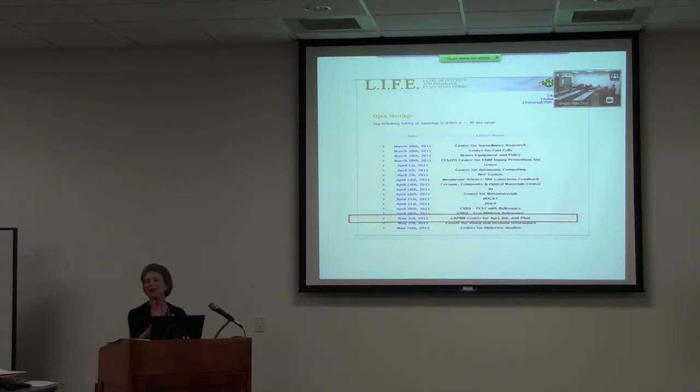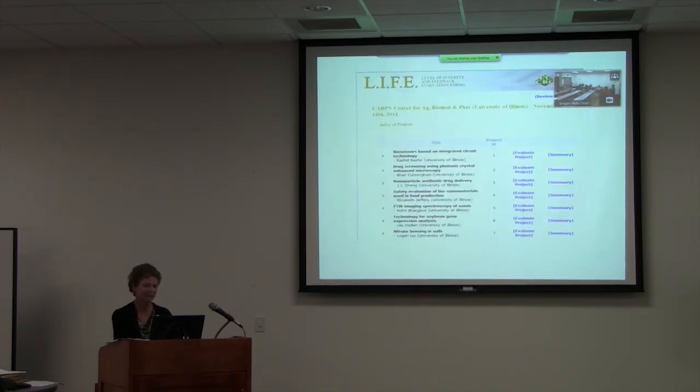You will see a screen that looks very much like this, but when you see the CABPN, it will say November 16th. There were something like 30 meetings when I was snapshotting the screen, so I couldn't get to this date, so I went back to an old one. But it will look like this, and you will see CABPN. And you will go down, and you will select that. It will look just like that, basically.